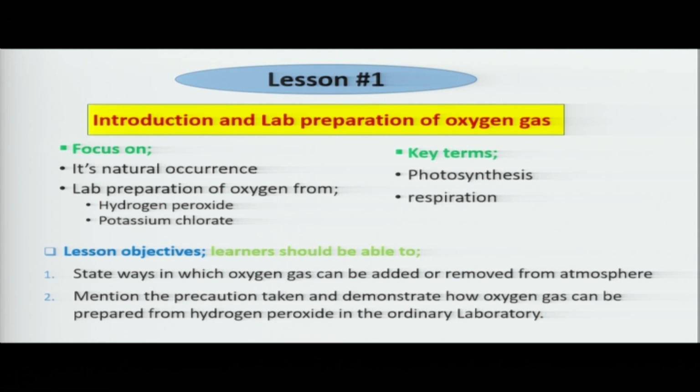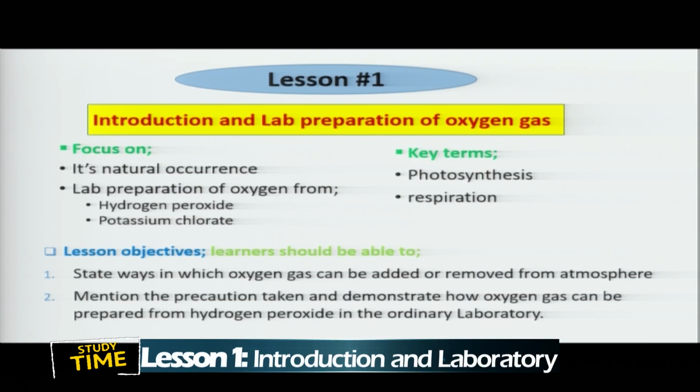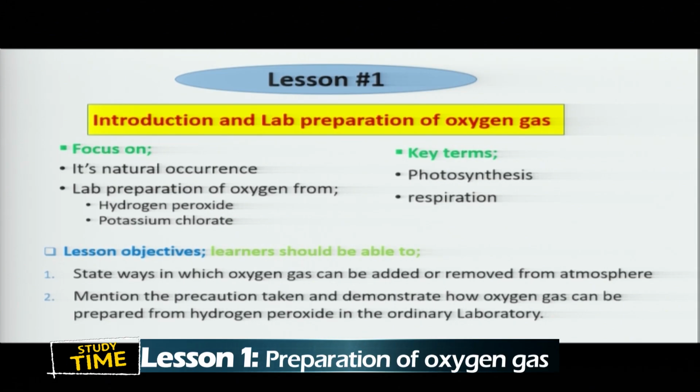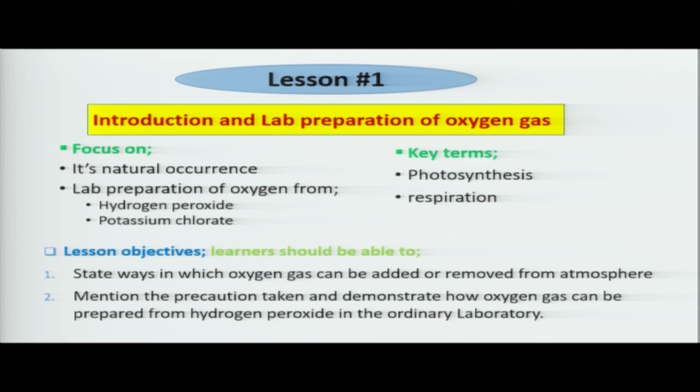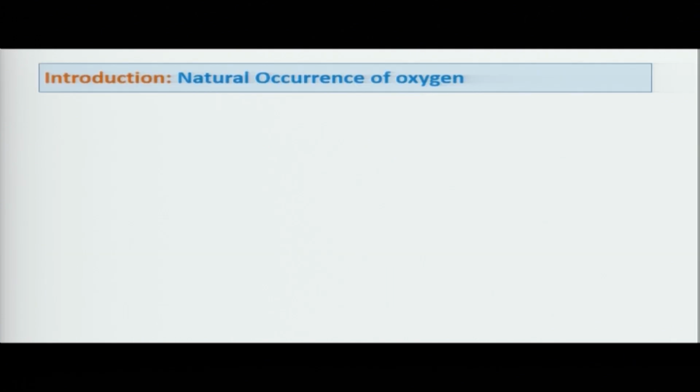Then mention the precaution that should be taken and demonstrate how oxygen gas can be prepared in the lab from hydrogen peroxide as one of the material. So I'm giving you this information to help you understand the lesson content. All right, now let's start on the lesson content, natural occurrence of oxygen.